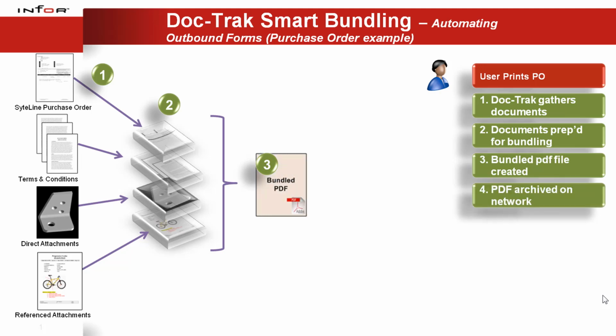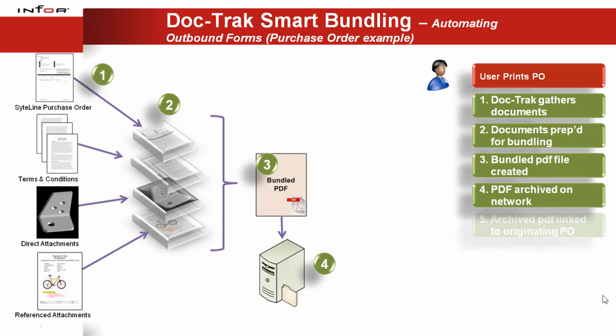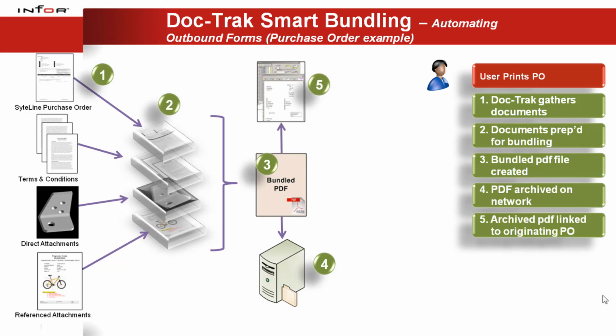Step 4. The new PDF file is saved with a smart path and file name in your company's network file system or SharePoint database. You'll hear us refer to the collection of these files as the DocTrack archive. Step 5. The new PDF file is then linked back to the Sightline purchase order record as a new attachment.